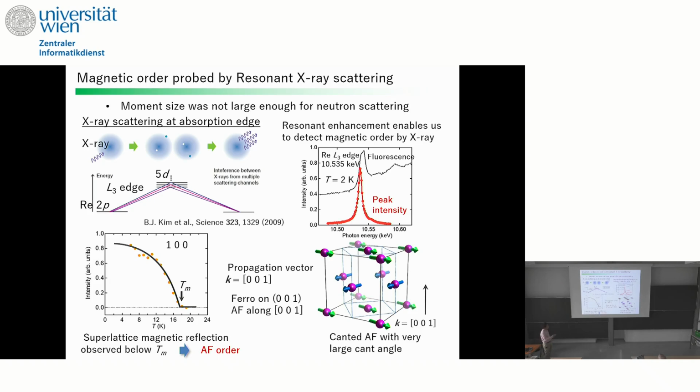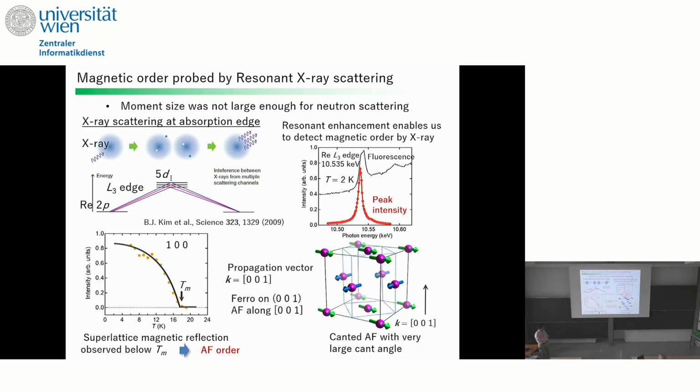But by utilizing the resonant enhancement, we can detect magnetic reflections by X-ray. As expected for a magnetic peak, we see a huge enhancement at the resonant energy. Then the superlattice intensity starts to increase at the magnetic transition temperature.